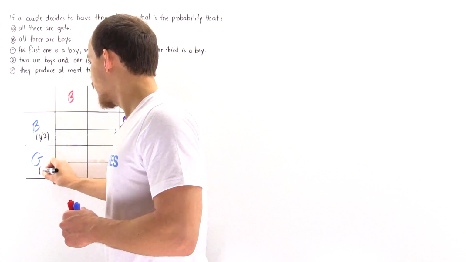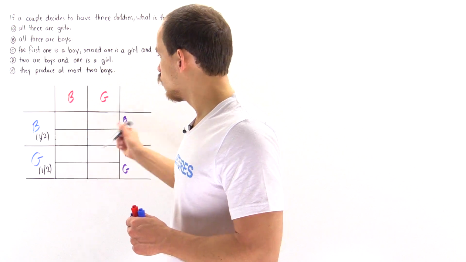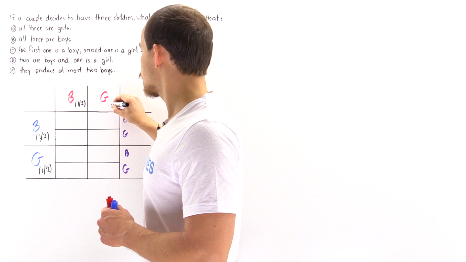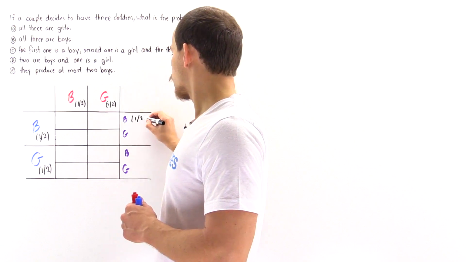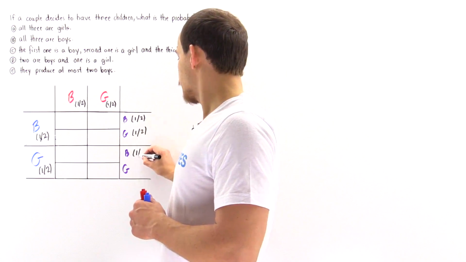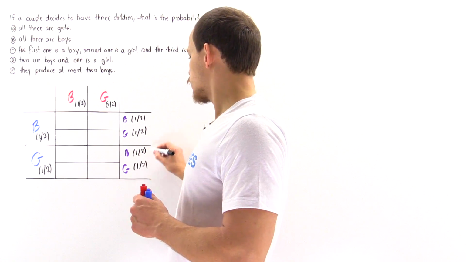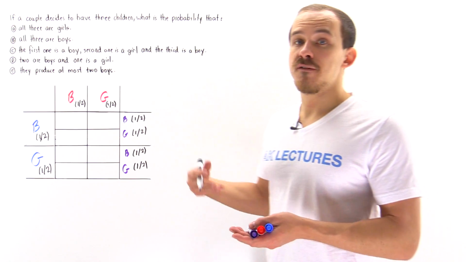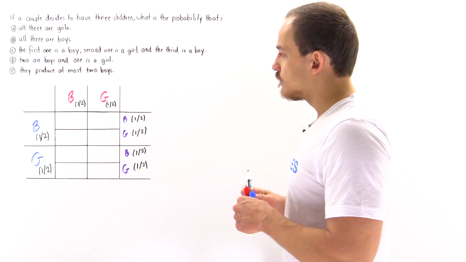We have a 1/2 probability that this takes place, and the same thing is true with each one of these events. Because out of 2 possibilities, we can have either a boy or girl, and so each one of those possibilities is equally likely, and so they're given 50%. So we have a 1/2 and a 1/2, which are equivalent to 50%.